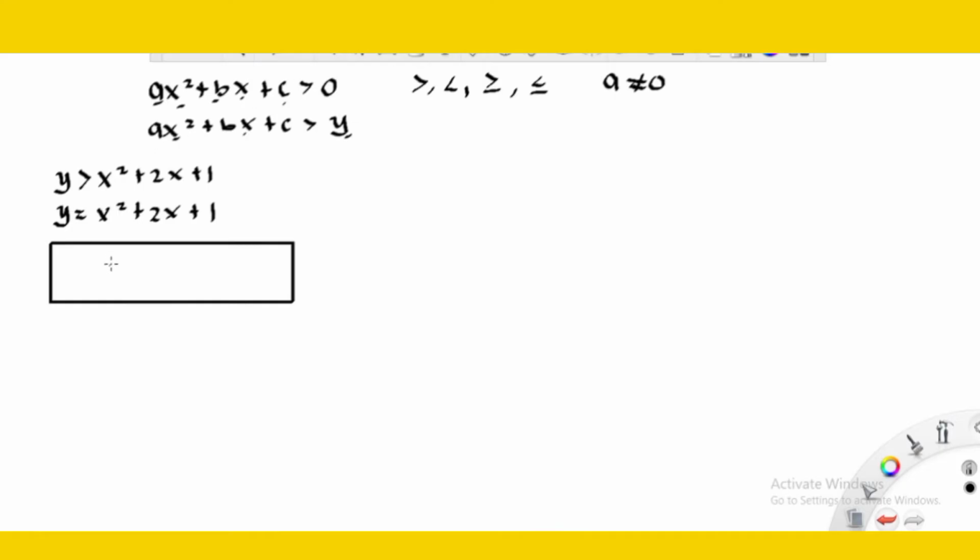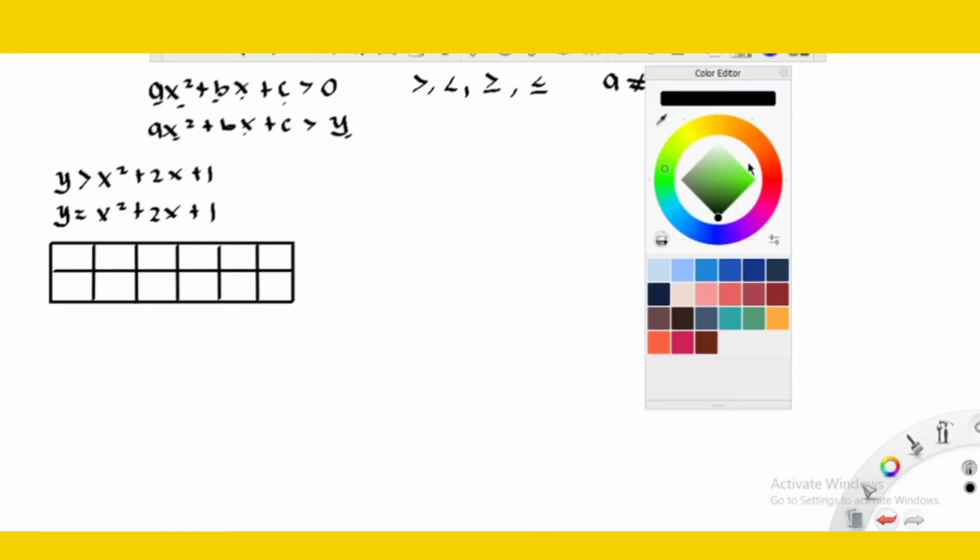So here, I drew a rectangle. I will divide it by 2 horizontally. I will divide it into 6 vertically. Okay, 1, 2, 3, 4, 5 and 6. So this is a table of values. Alright?